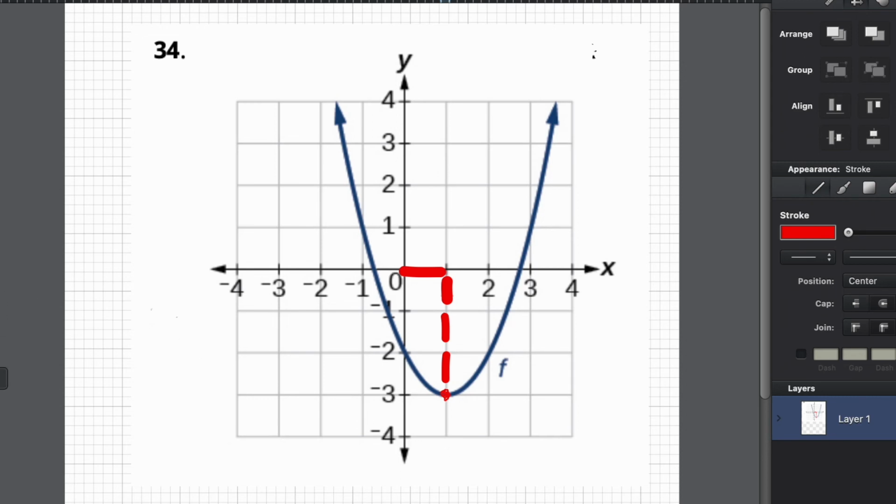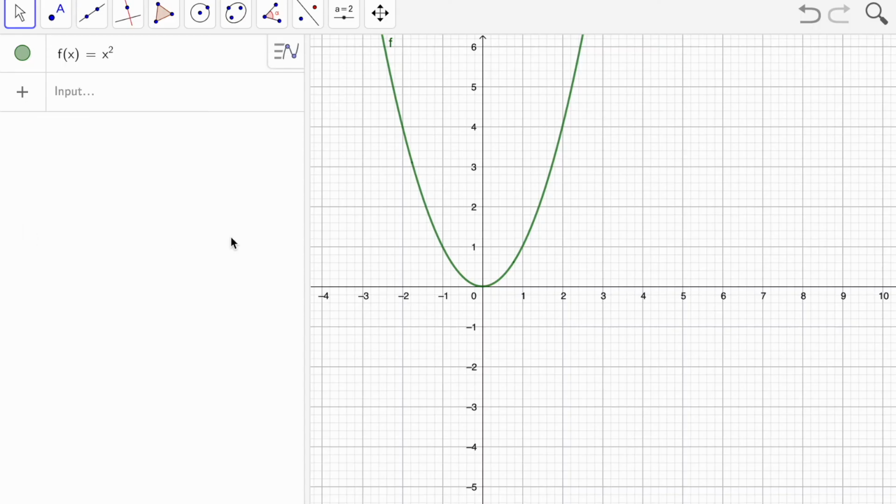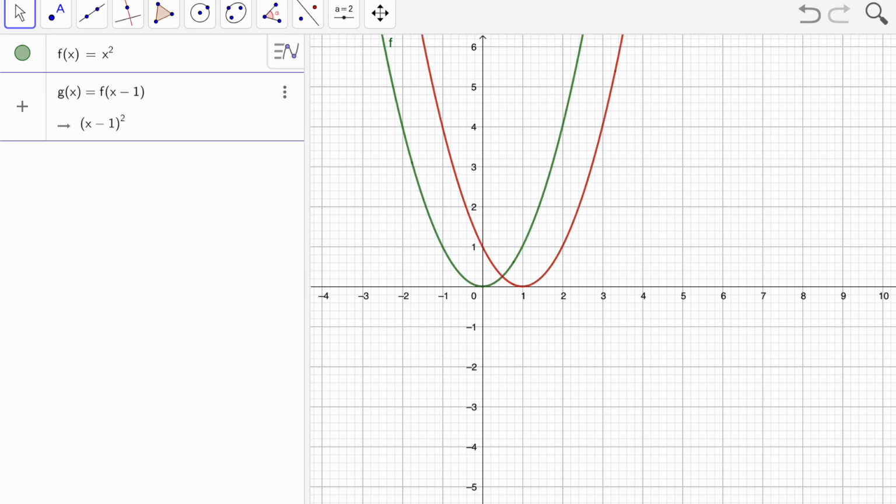So if I go back to GeoGebra, I want to do this function. I take the previous one, right? So let's do g of x. And I want to take f, and I want to move it over 1.